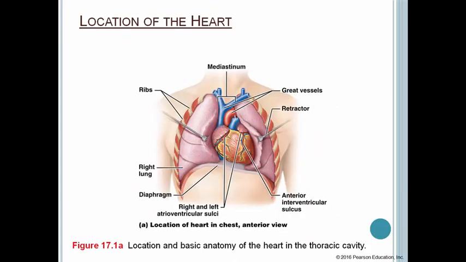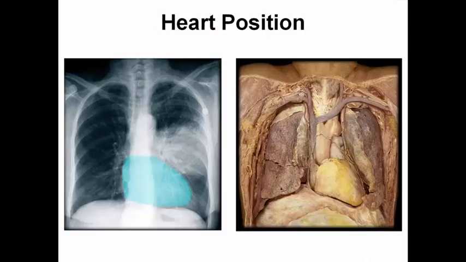We also, based off of its anatomy, know that it lies medial between both sets of lungs. We mentioned the aorta. The other great vessel that we'll talk about would be the pulmonary trunk. And then we said that the apex of it rests on the diaphragm. It is situated a little bit toward the left side of the chest in a normal anatomical position.